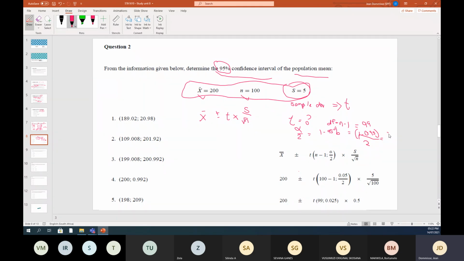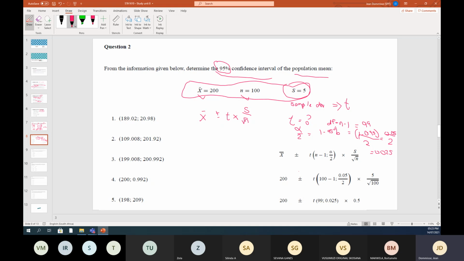So we're dealing with 0.05 divided by 2. And what is 0.05 divided by 2? It is 0.025. So we will need to look for a degrees of freedom that is 99, and our confidence we're looking at is 0.025.